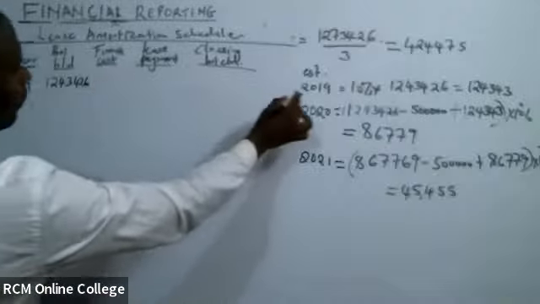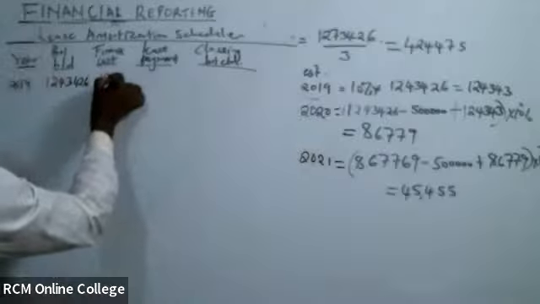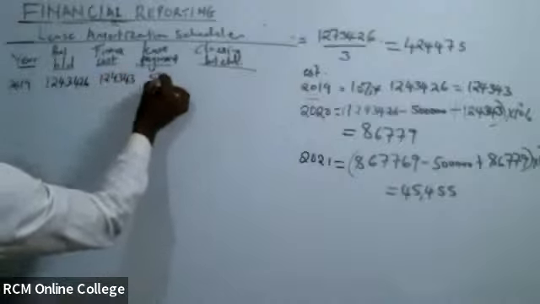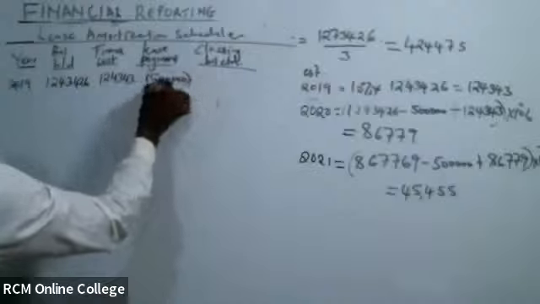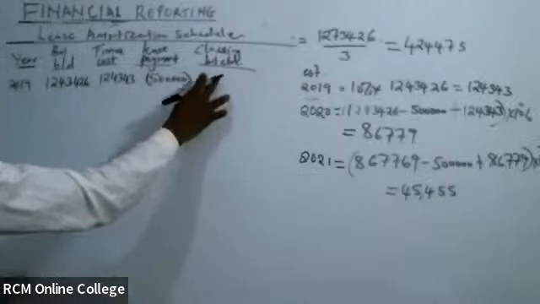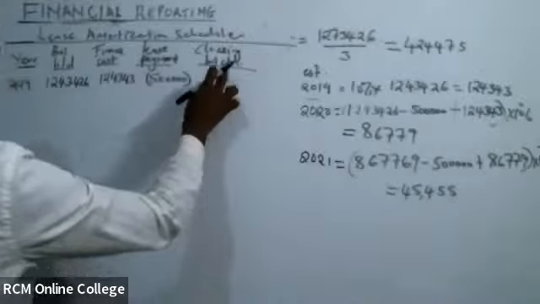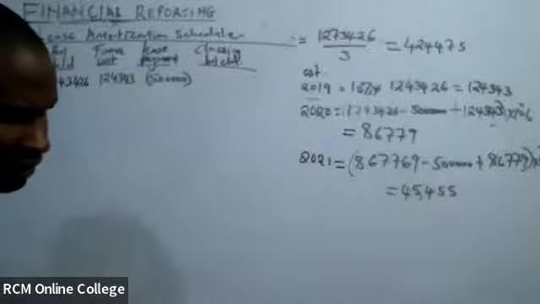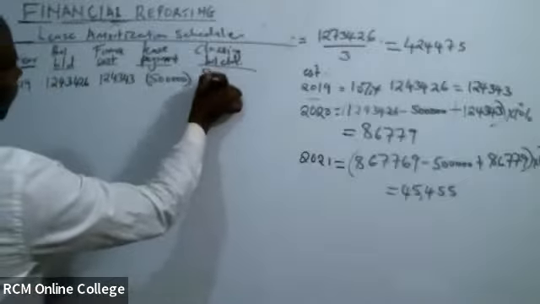The interest I already have for 2019 is 12,434, 500,000 paid, and what will I get as the closing balance? It is 867,768.